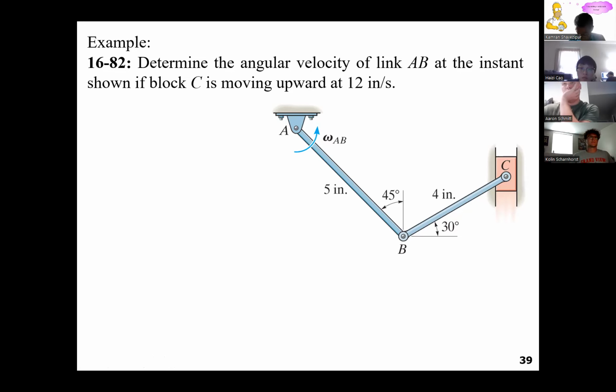So I'm going to draw a line perpendicular to the velocity of C. Perpendicular to the velocity of C is going to be perpendicular to that green line, right? So I'm going to draw a line perpendicular to this. And the other point is B. What kind of motion does B have?